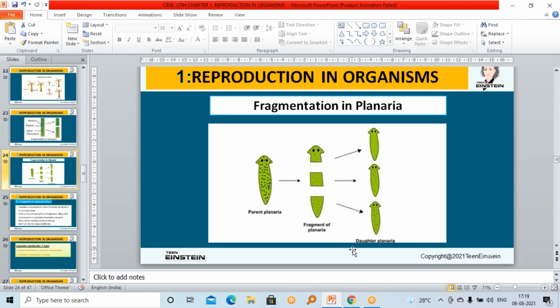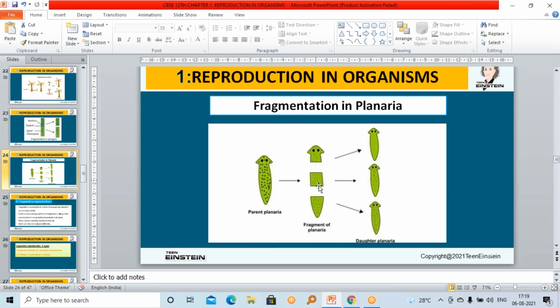And in planaria, reproduction takes place both asexually and sexually, right? You have learned about planaria in 11th standard, right? So this belongs to phylum Platyhelminthes, and planaria reproduces both asexually and sexually. Here we are going to learn about the asexual reproduction methods of planaria.